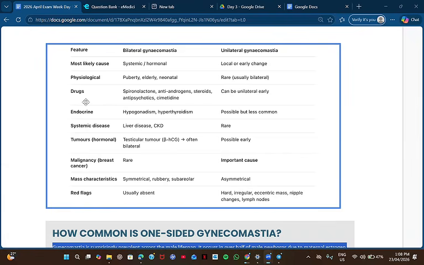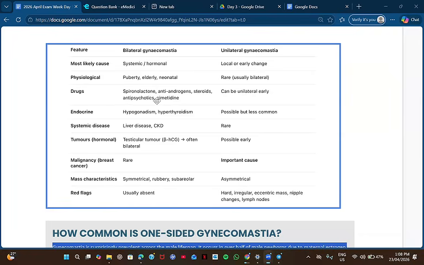Drugs like spironolactone, anti-androgens, steroids, antipsychotics and cimetidine can cause it. Endocrine causes like hypogonadism and hyperthyroidism are less common in unilateral cases. Systemic diseases like liver disease, especially alcohol-related, or CKD are also rare in unilateral.